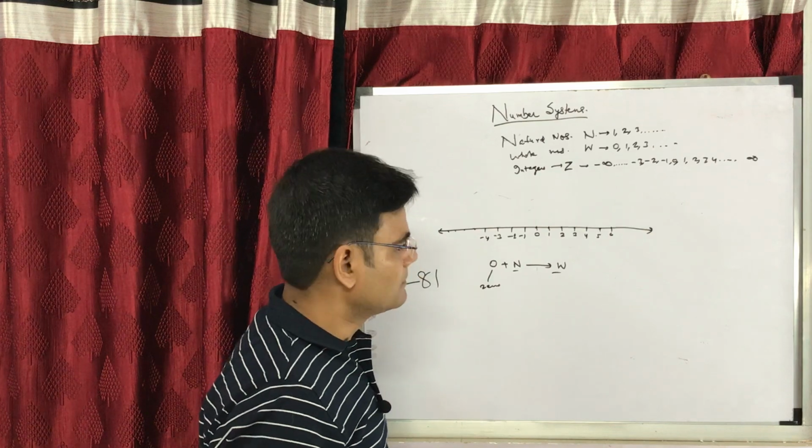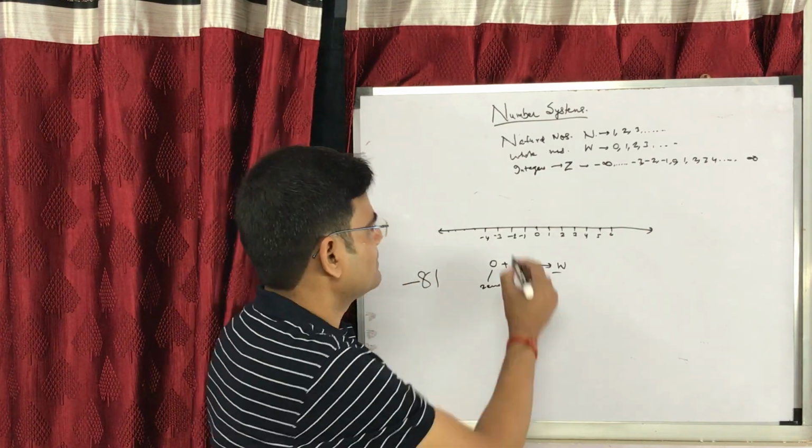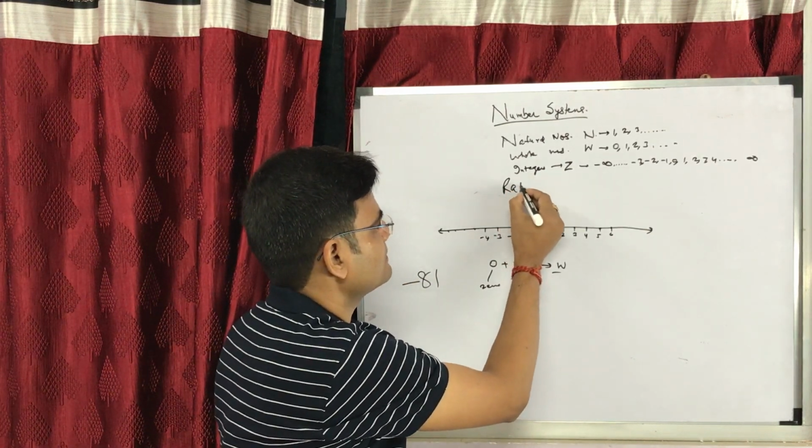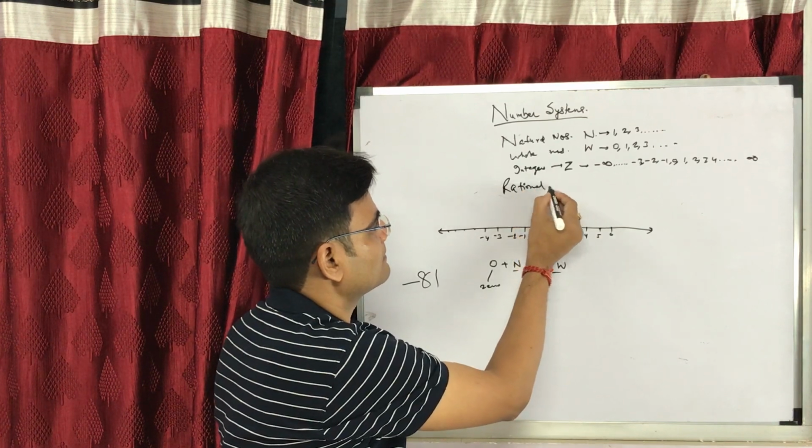Now next is your rational numbers. This is where things become a little difficult.